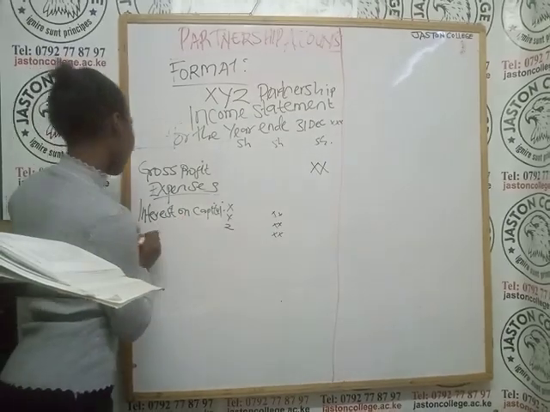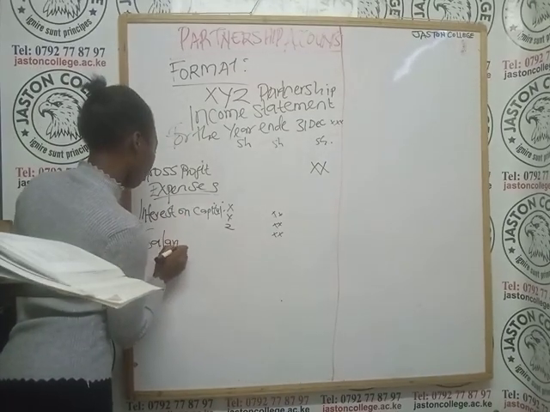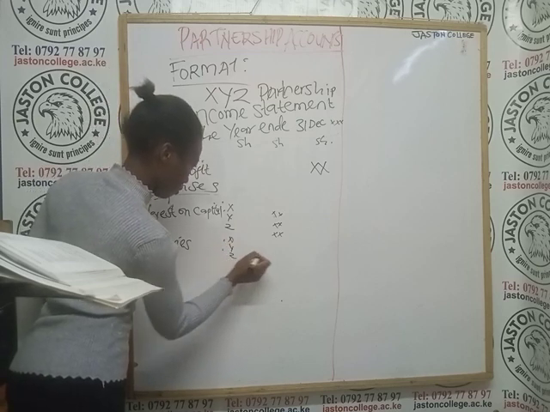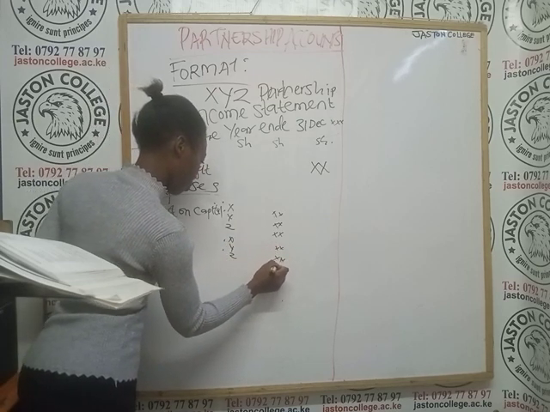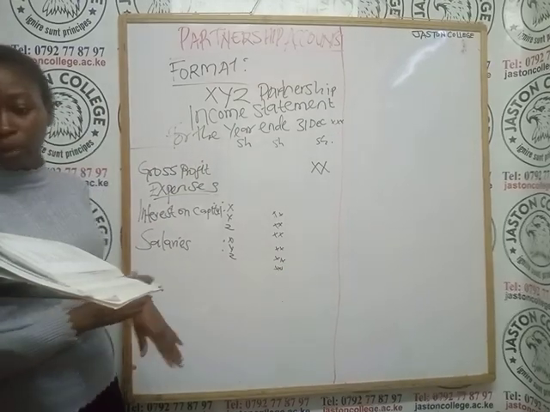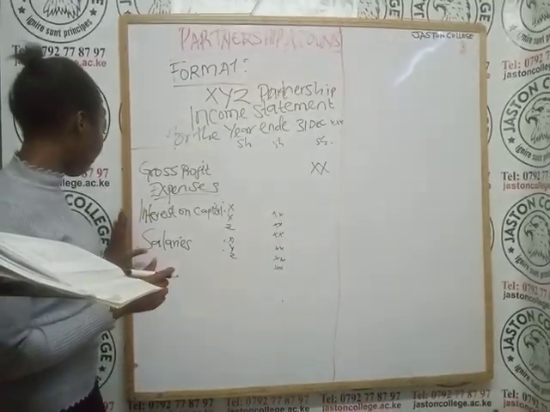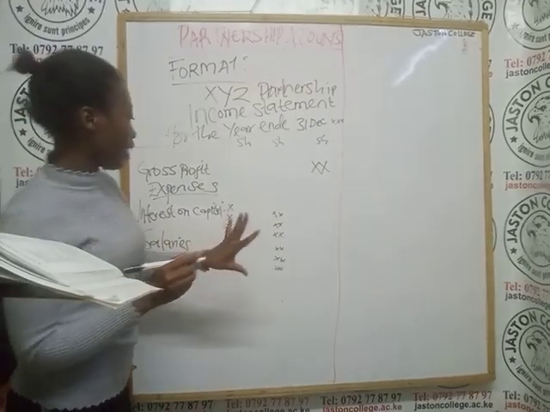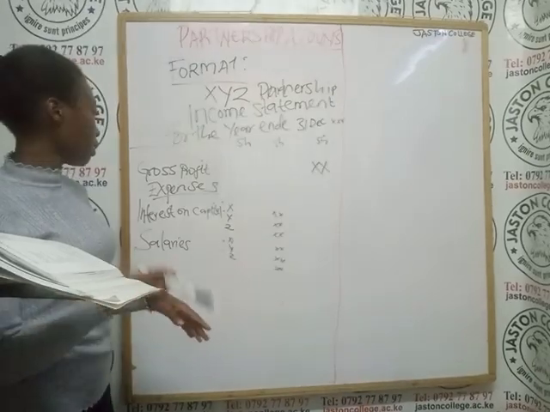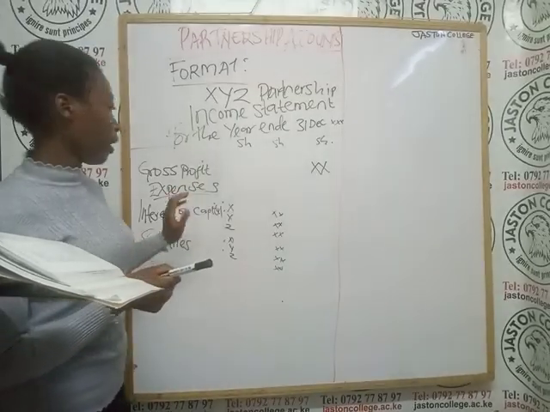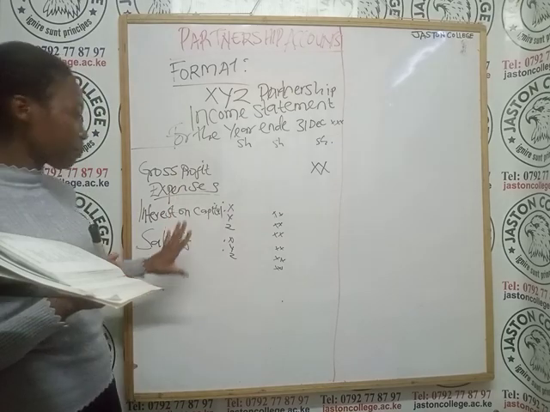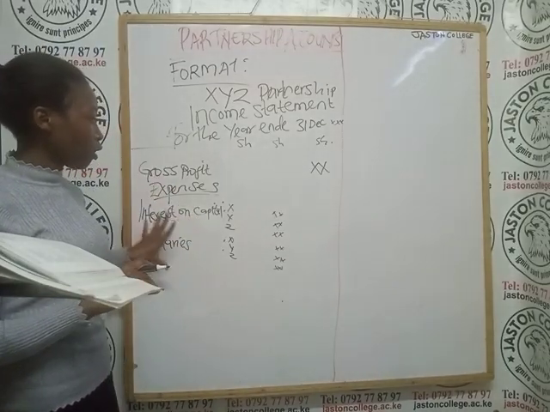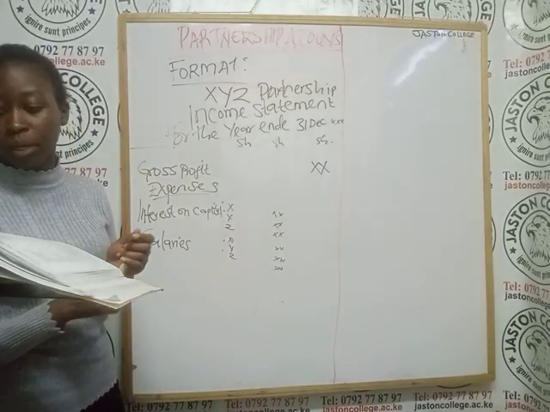Then we will have the salaries for the partners. Then we will have all the other expenses, like the water bills, electricity bills, the postage, all the other expenses that we always include in sole proprietorship. We will just include them in our expenses in the partnership account.